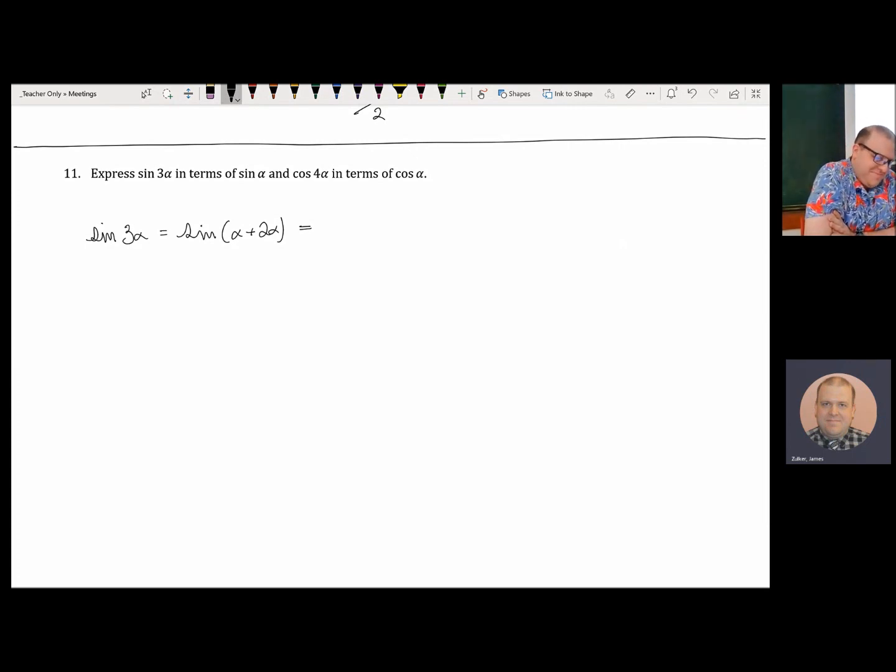So it's just sine cosine plus cosine sine of the respective angles. Ooh, that might be a good punishment for being late. You don't get to use your notes on the test. And I'll still make it the Calc 3 version.